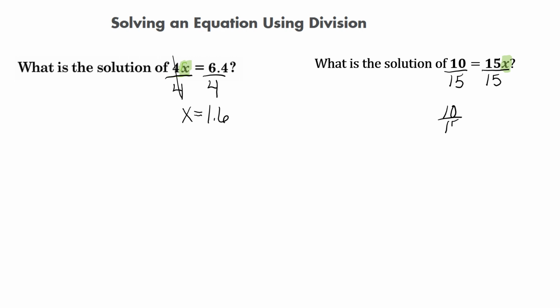It needs to be simplified, but we'll get to that in a minute. Equals, the 15s cross off, they become a 1, but we're not going to put the 1. We're just going to put x. So 10 over 15, I'm going to divide this out by 5 because I know that's the highest number that'll go into both. So we're left with 2/3. Our answer is 2/3 equals x.